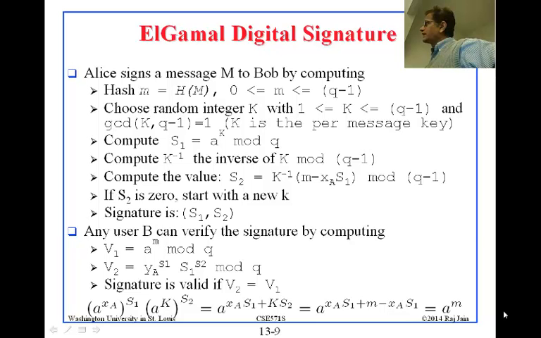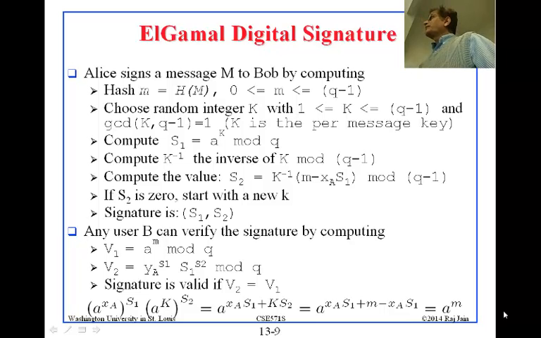So K inverse and K cancel out, and you get M minus XA S1. XA S1 cancel out, and the only thing you get is A raised to M, which is V1. So that's how you do the Elgamal digital signature.